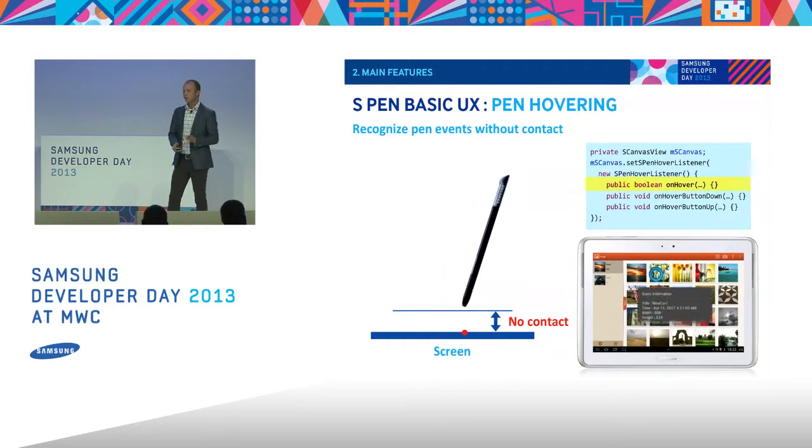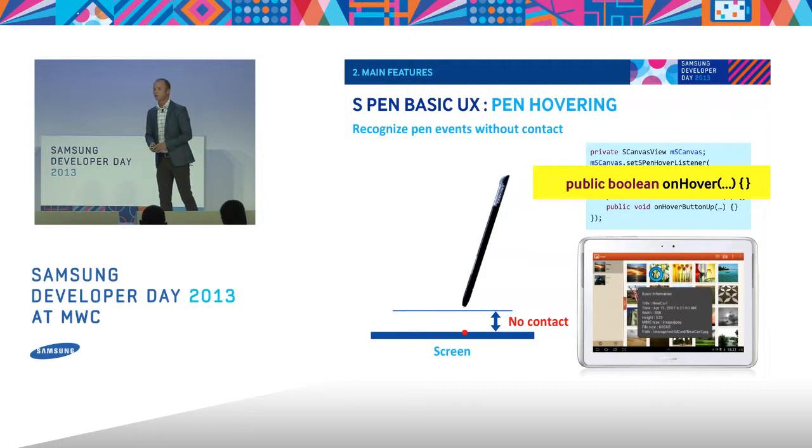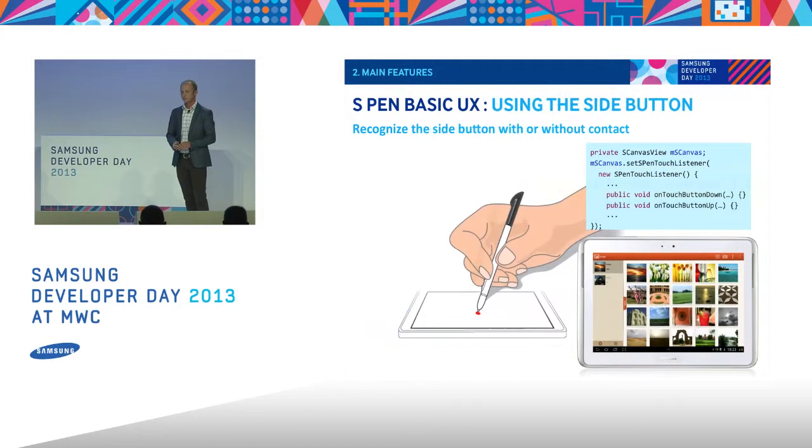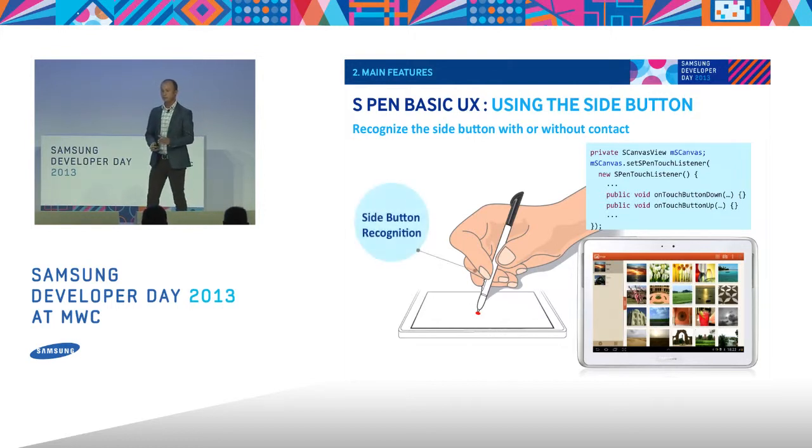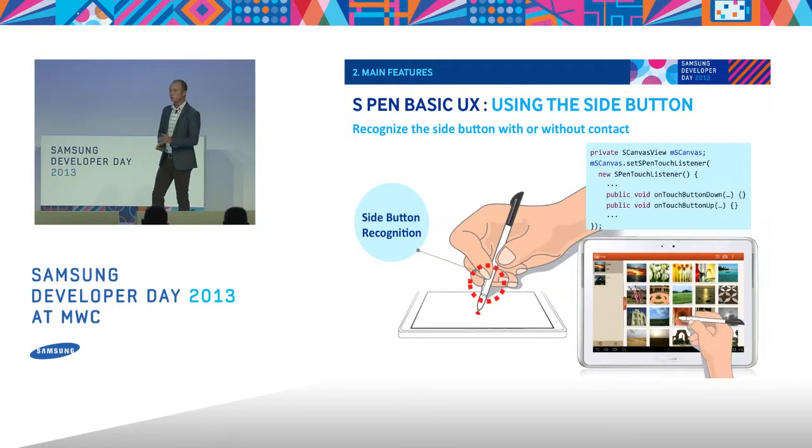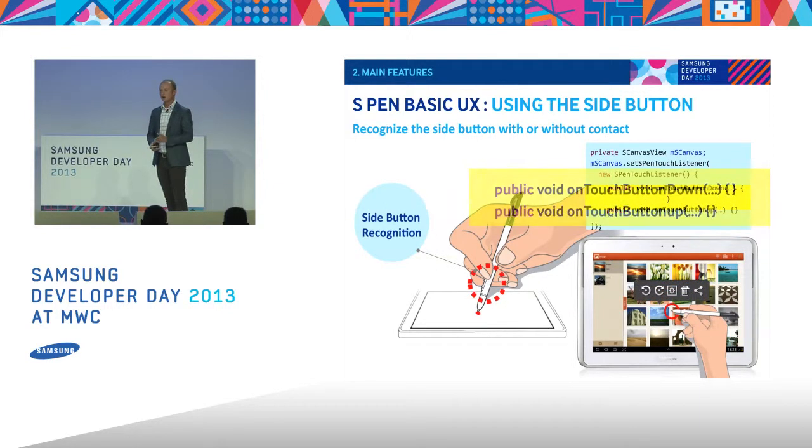Hovering events can be easily handled using the Pen hover listener, where, for example, in the onHover method, we can implement a pop-up menu with information about the currently selected image. The Pen SDK supports checking the side button of the Pen. You could use this feature when calling auxiliary menus or context menus.